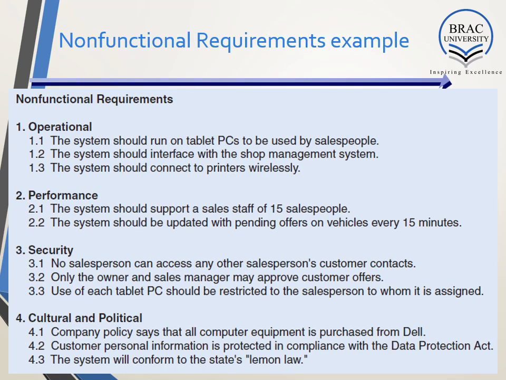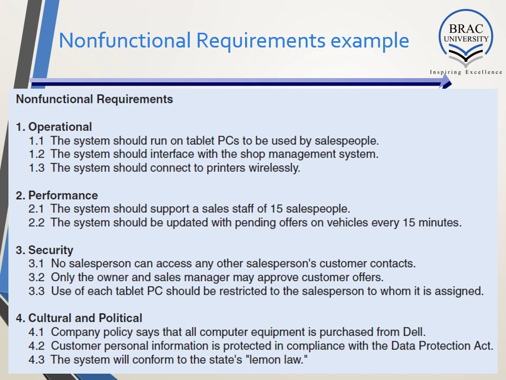What about the non-functional example? Non-functional requirements we divide into four parts: operational, performance, security, cultural and political. Operational means the system should run on a tablet, PC, or mobile phone.